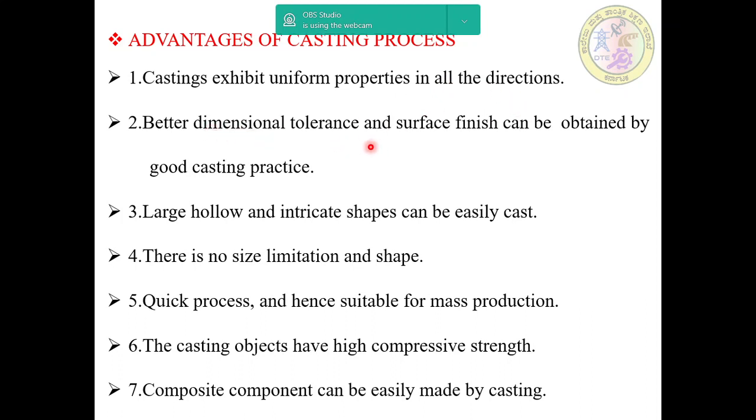Better dimensional tolerance and surface finish can be obtained by good casting practice. Large, hollow, and intricate shapes can be easily cast, and any complex shapes we can also produce easily using this casting process. There is no size limitation, and shape is also one main advantage.